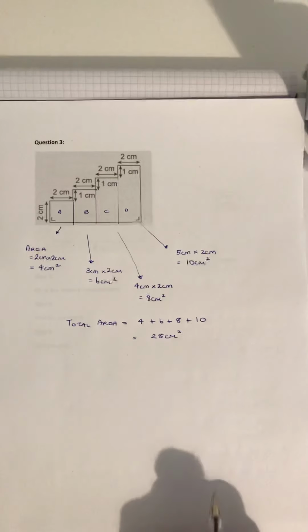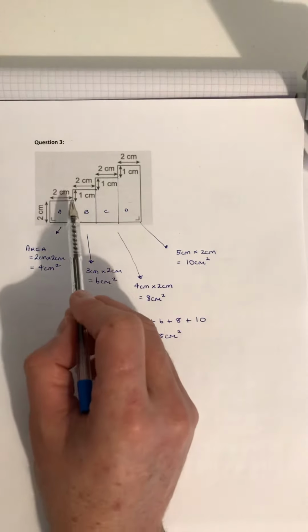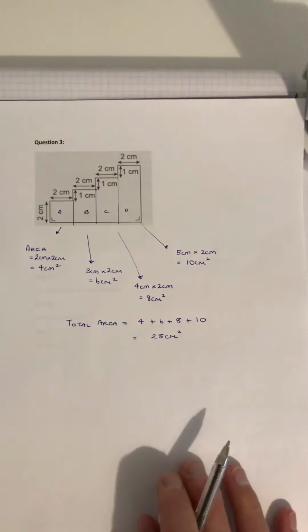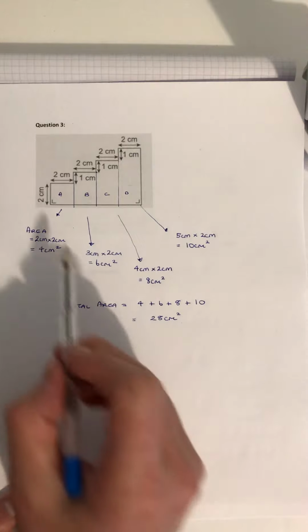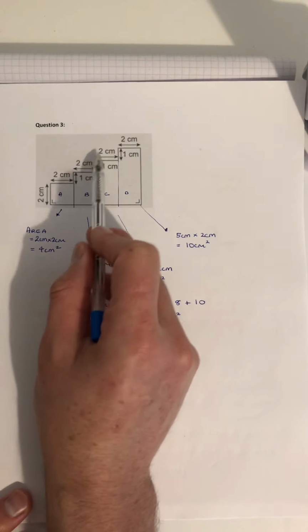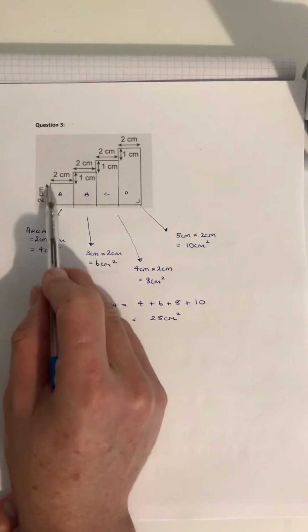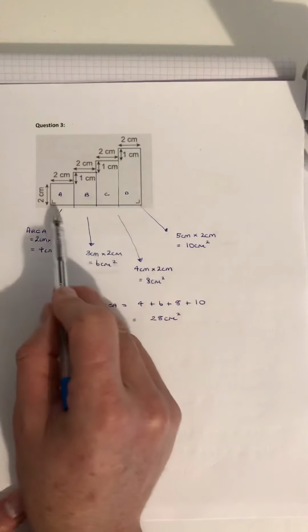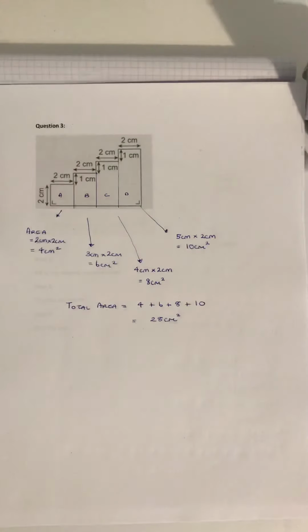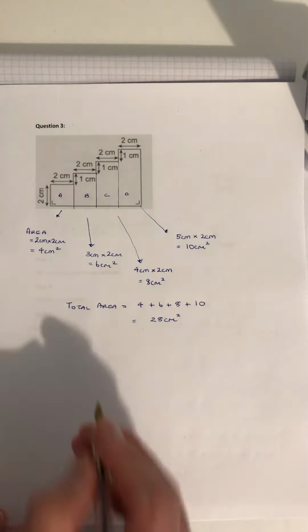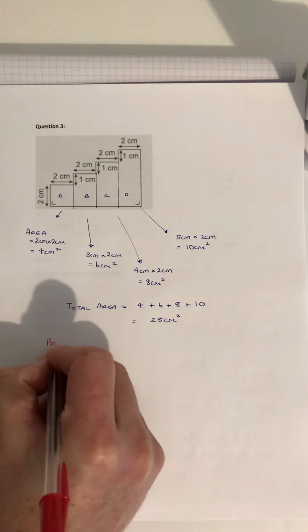Now you could do that splitting rectangles this way. If you were to do that, then you'd have 2 plus 2 plus 2 plus 2. So the first rectangle, this length here, would be 8 centimeters. You could do it either way and you won't be wrong, but you should end up with 28 as your answer.